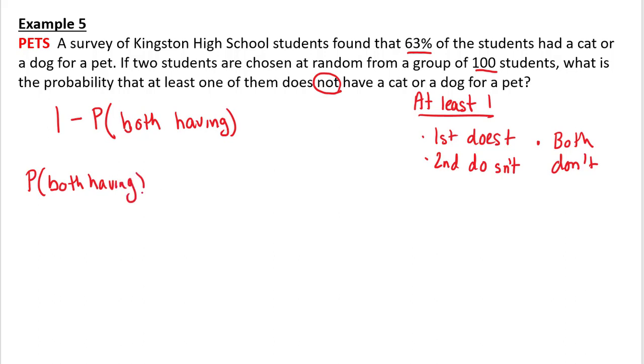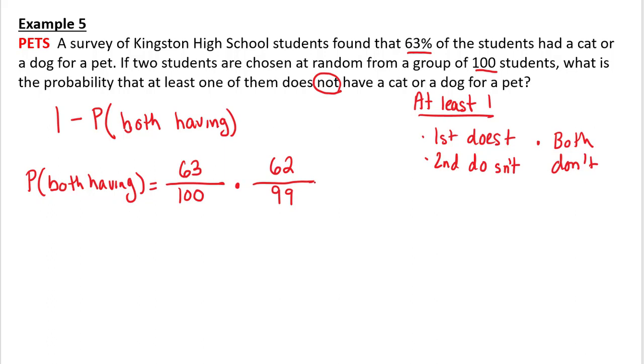Out of 100 students, 63 have a cat or a dog. So that's 63. Then we've taken away one person. They have a pet, so it's 62.